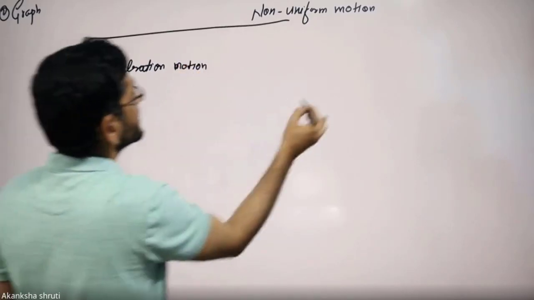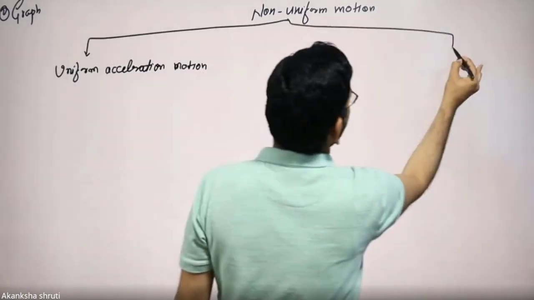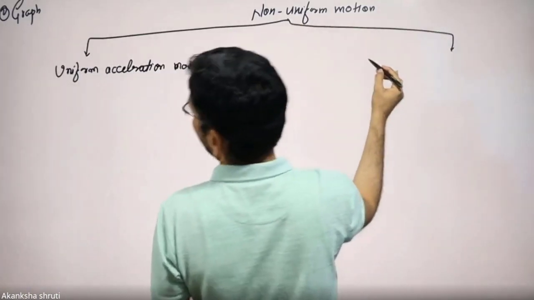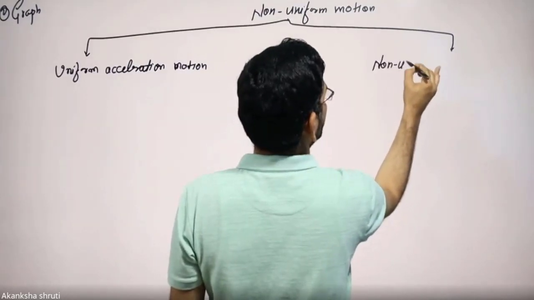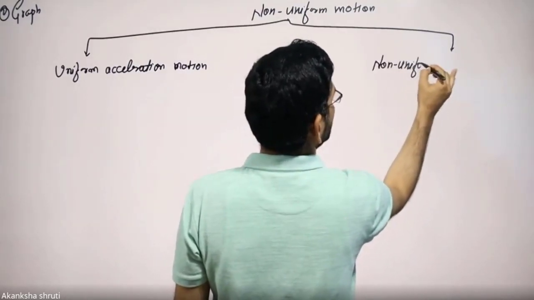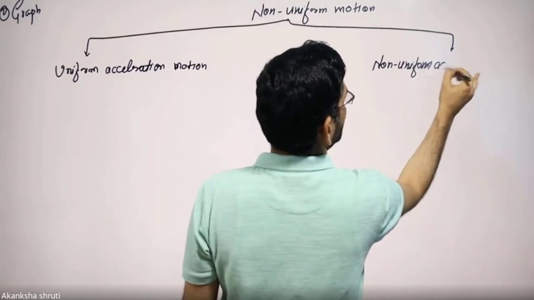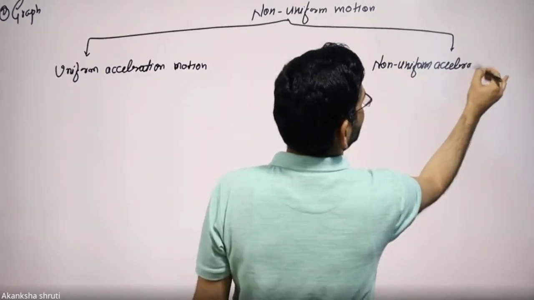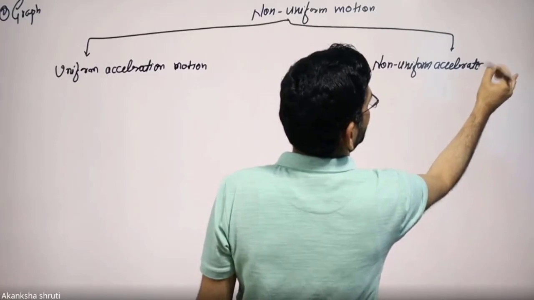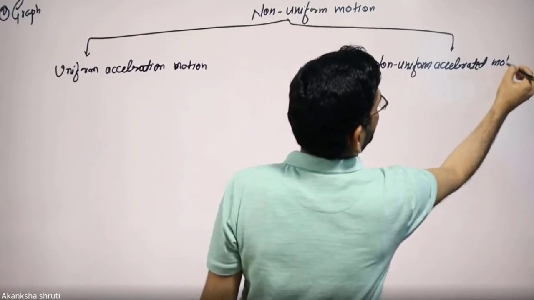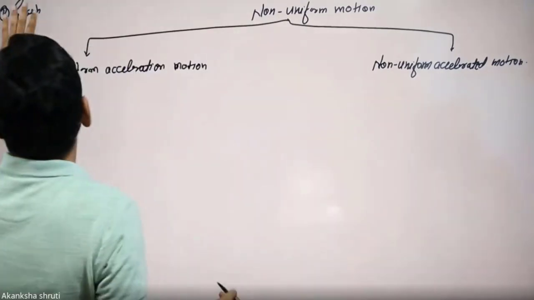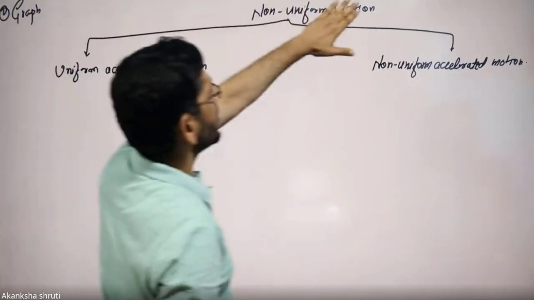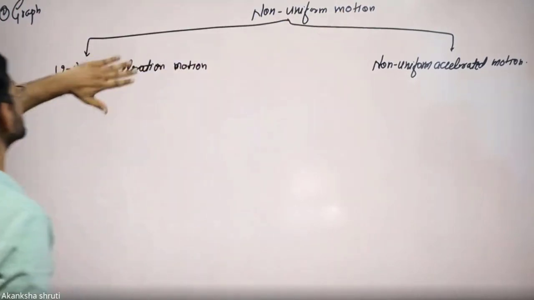And the other category is non-uniformly accelerated motion. Students, so the graph for non-uniform motion we have to draw for these two conditions.